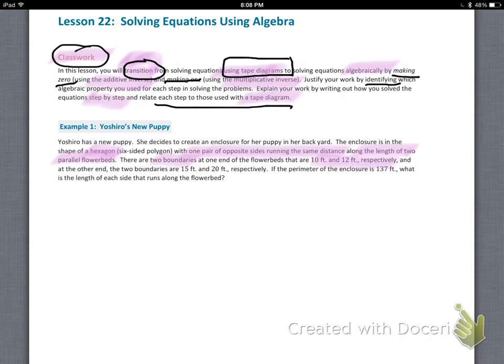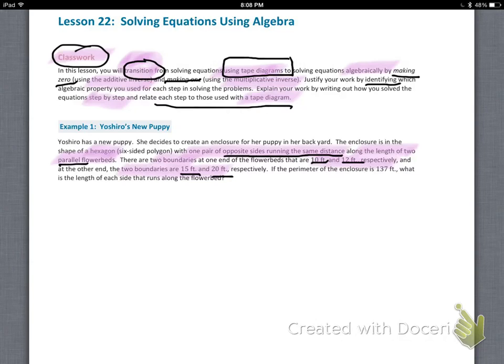So we have some numbers here: we have 10 feet, we have 12 feet, we have this idea of parallel, we have opposite sides that are the same distance, and at the other end, the two boundaries are 15 and 20 feet respectively. So here are some more numbers.